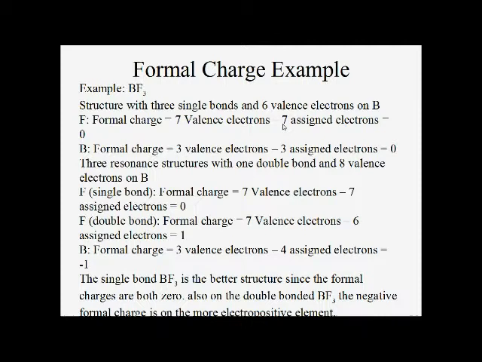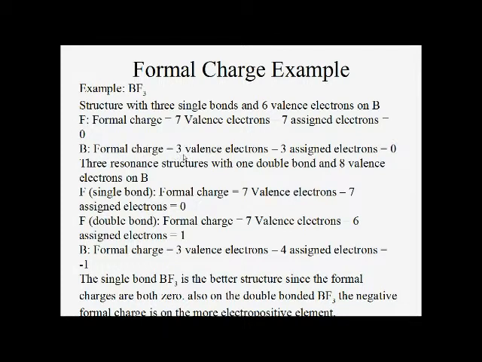It's going to have 3 lone pairs, so 6 lone pair electrons, and we're going to give 1 of the bonding electrons to the boron. So that will be 6 plus 1 is 7. So we have 7 valence electrons minus 7 assigned electrons will give us a charge of 0. And that will be the same for all 3 fluorines.